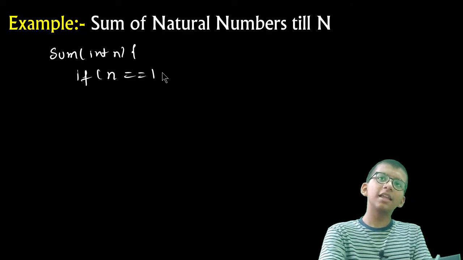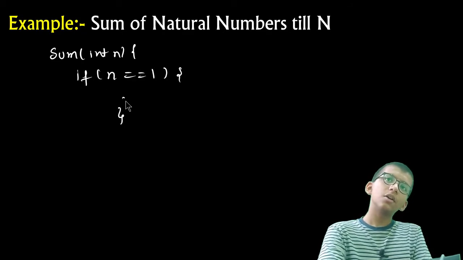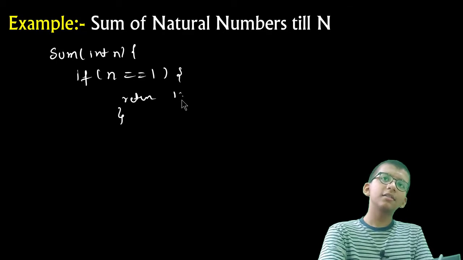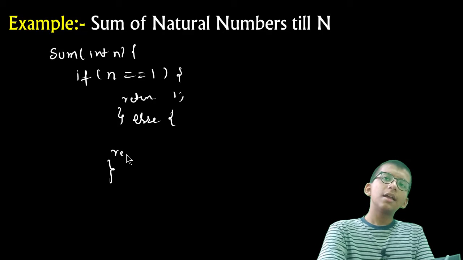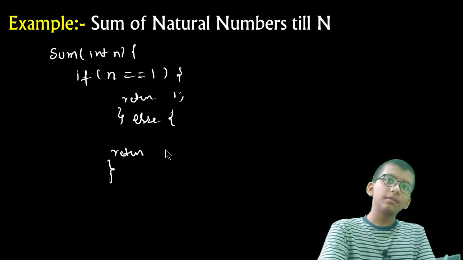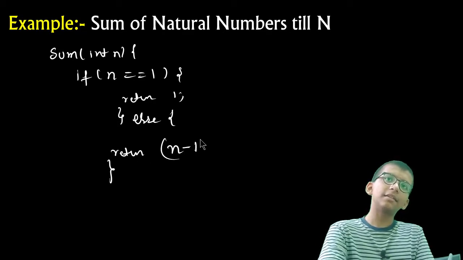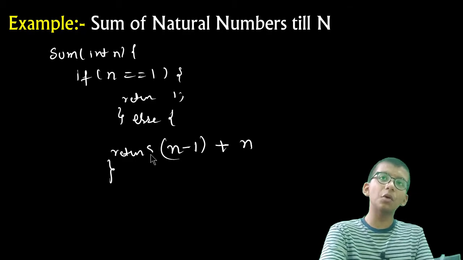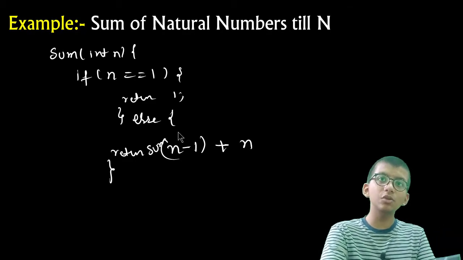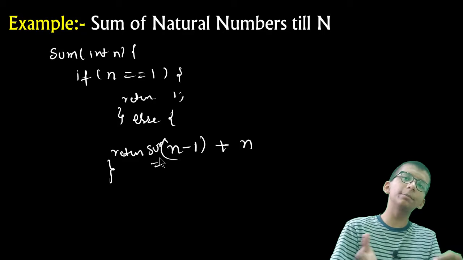If it is, it returns 1; otherwise it returns sum of n minus 1 plus n. It is calling its own function, sum of n minus 1, plus n.